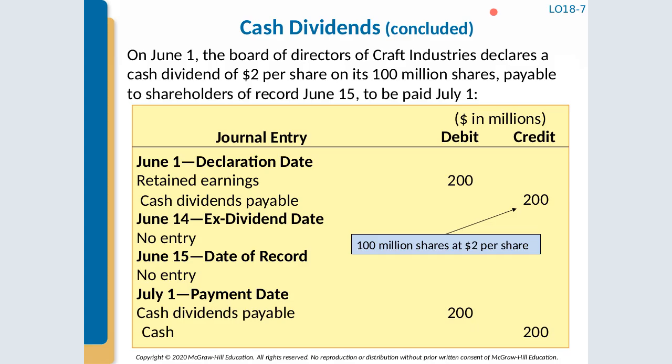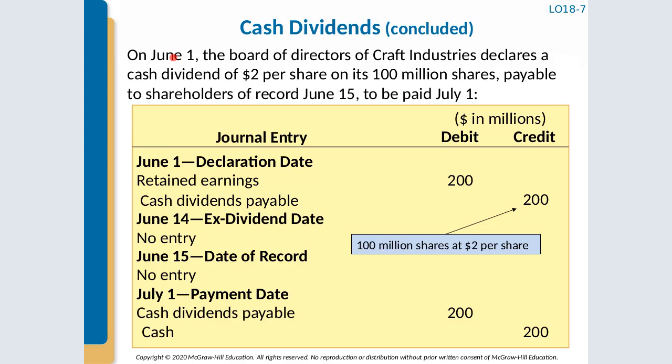The board of directors of Kraft Industry declares a cash dividend of $2 per share on its 100 million shares that are outstanding, right? So we're only paying dividends on shares outstanding. We don't pay it on the authorized shares. If you recall the difference between those three groups, maybe you want to go back to the recording of this presentation and take a look at that again.